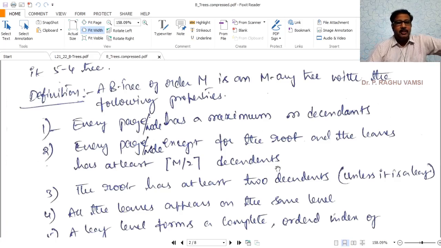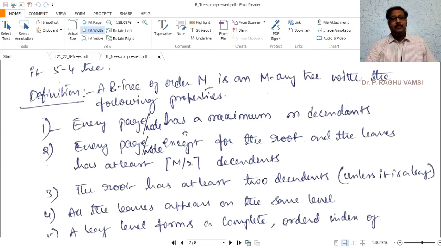The first property: every page or node, I am mentioning page in the sense of the segment that you will find on the main memory, not on disk, has a maximum of m descendants.